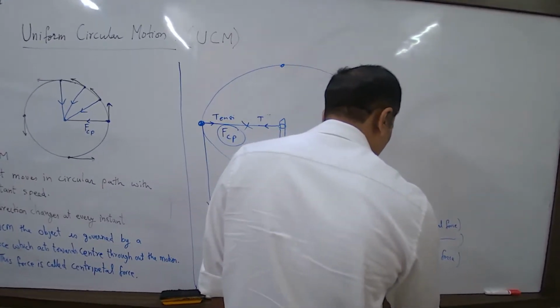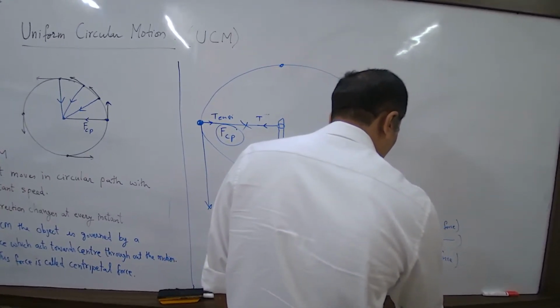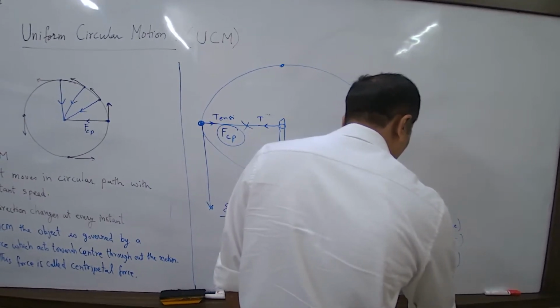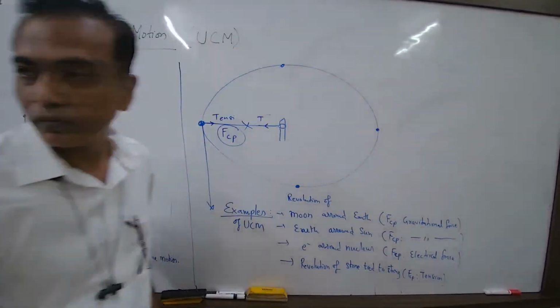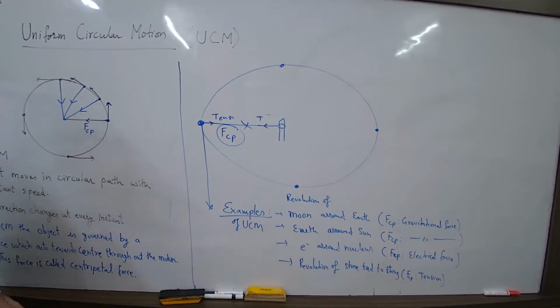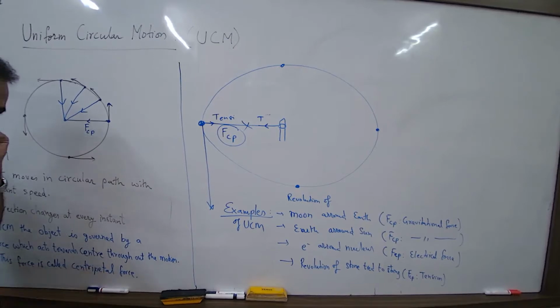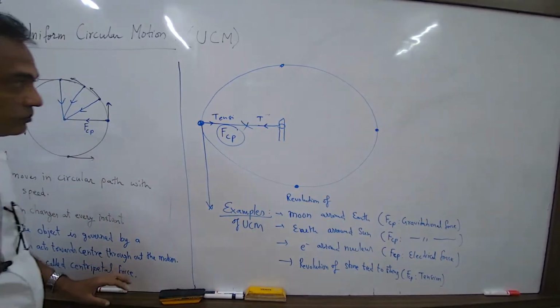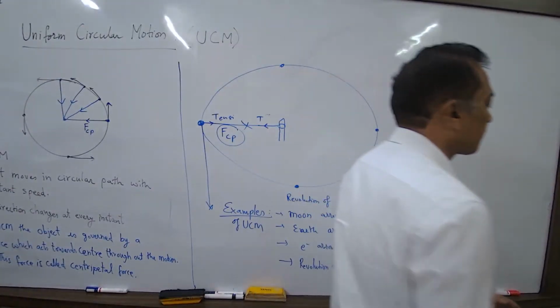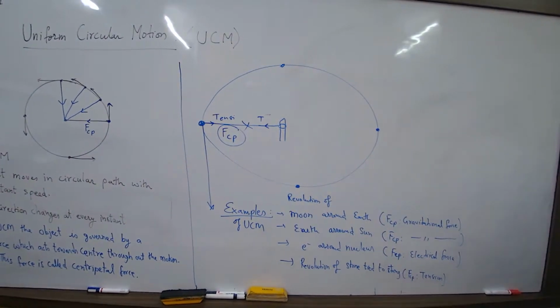What is the centripetal force in this case? Tension. Okay. So make it a circle. It's looking oval. It should be a circle.